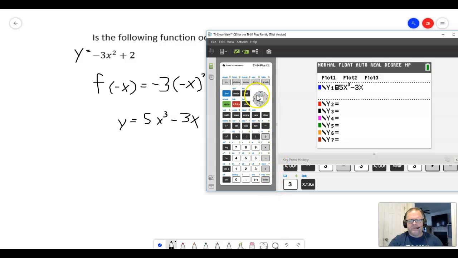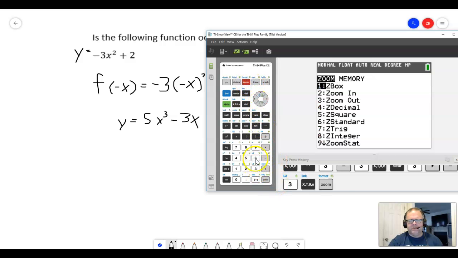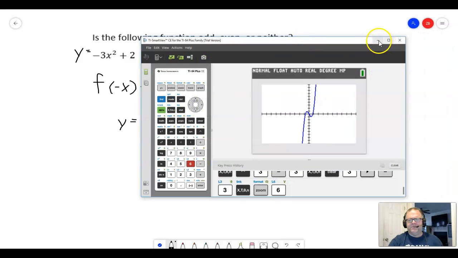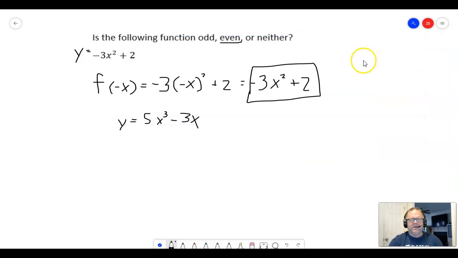All right, so once again, zoom standard, and look at this. Here's the origin right here in the middle. And if we were to look at this side, it looks like a reflection across the origin. It's not a reflection across the y-axis, but it does look like it could possibly be a reflection across the origin. So I'm going to go into this one thinking that it might be an odd function.